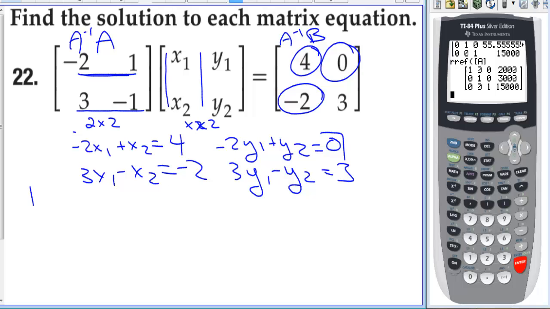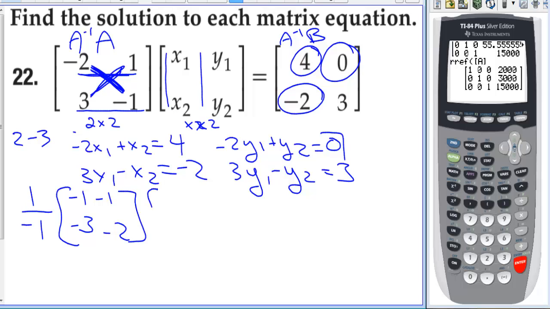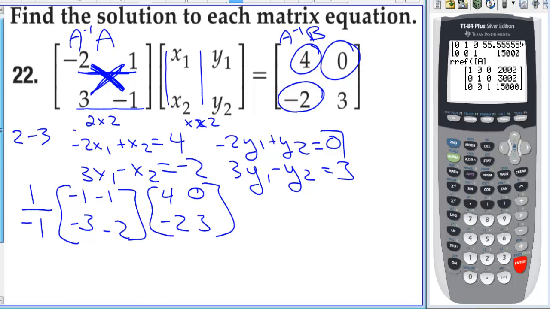So we have 1 over 2 minus 3, so negative 1 times negative 1, negative 2, negative 1, negative 3. Switch these and make those opposite when you do inverses. Times 4, 0, negative 2, 3. Now we save the fraction.